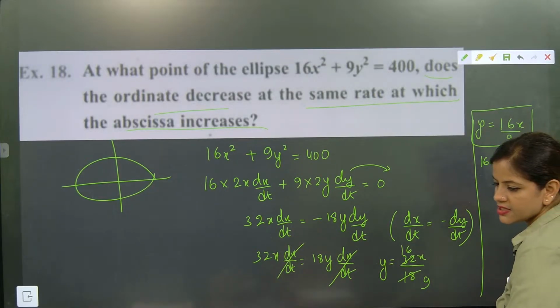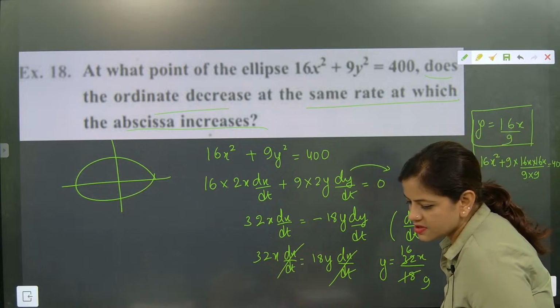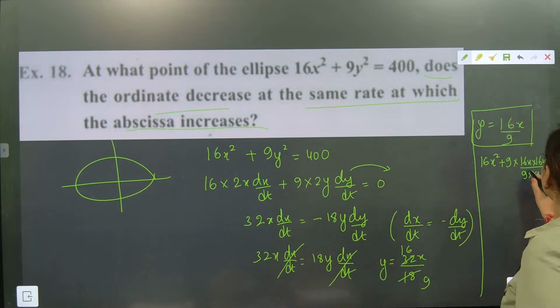Space is less, so I need to solve this in this little space only. So 9 and 9 get cancelled. It is coming 16x square plus 16 into 16 x square by 9 equal to 400.